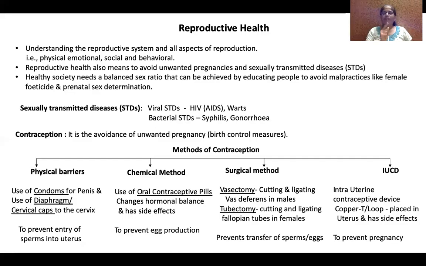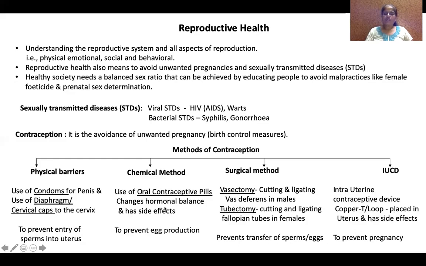That frame will be introduced into the uterus, placed into the uterus of a female, so that sperms won't move to the fallopian tube and eggs won't enter the uterus for fertilization. This avoids the pregnancy, but this also has a side effect.